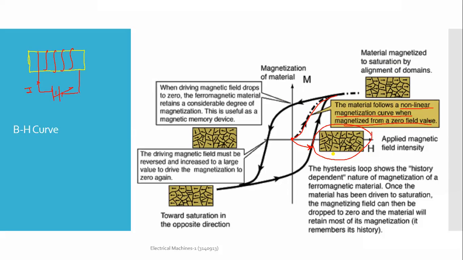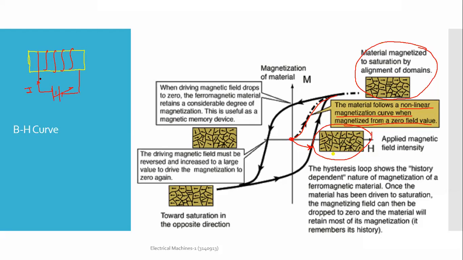So this is the point you can see here. Material is magnetized, and you can see here the position of the domains. Okay, here it is random. The domains are not aligned in one line. There is no magnetic field at this point.